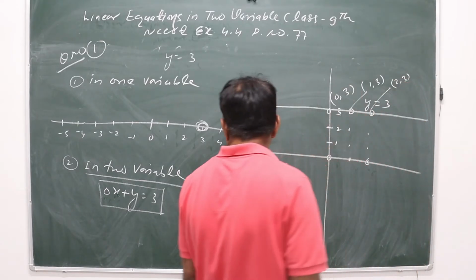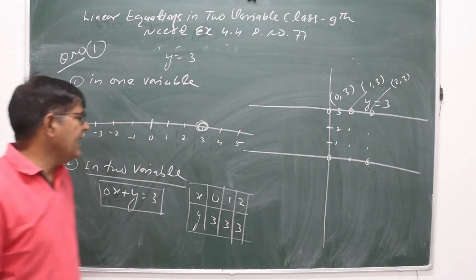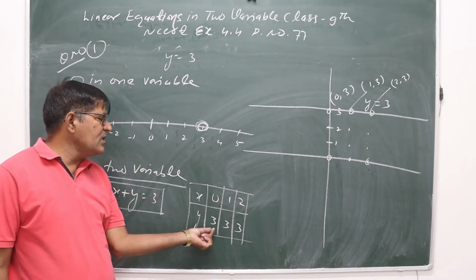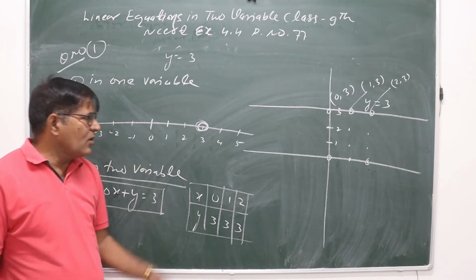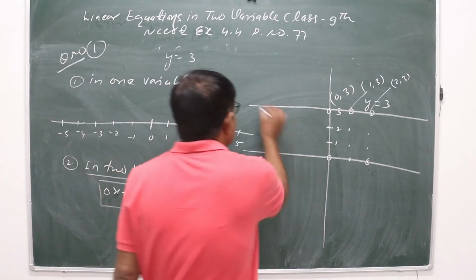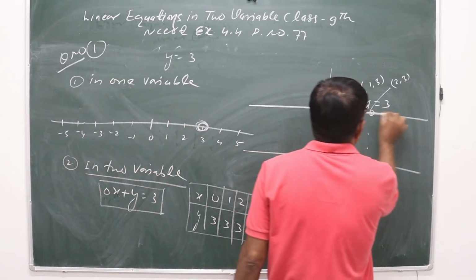So in all the sets of solutions, the value of the variable y is always constant, that is, the distance from the y axis is constant. So it will represent a line which is parallel to the x axis.